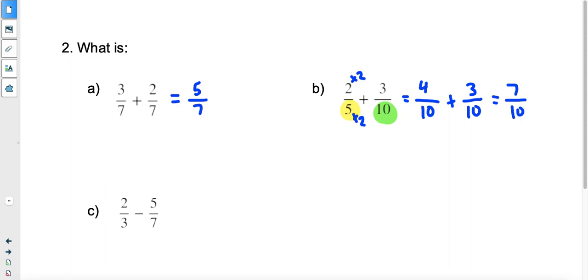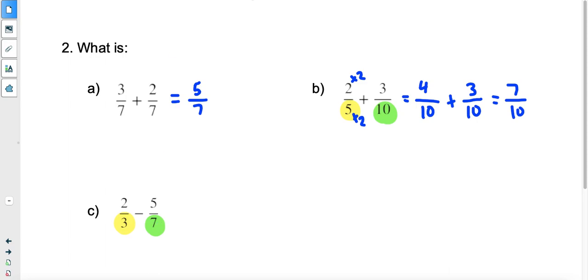Let's do one more example. So this last example, we have 2/3 minus 5 over 7. And I just want to highlight these denominators here, 3 and 7. So I need to think about, how can I make these denominators the same? What could I multiply them by to make the denominators the same?